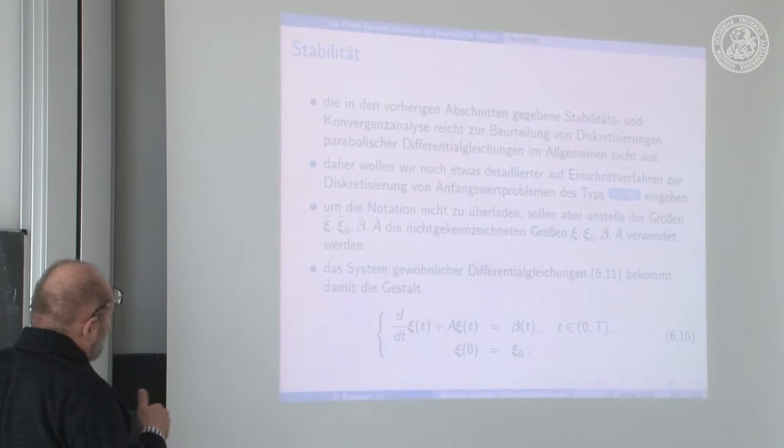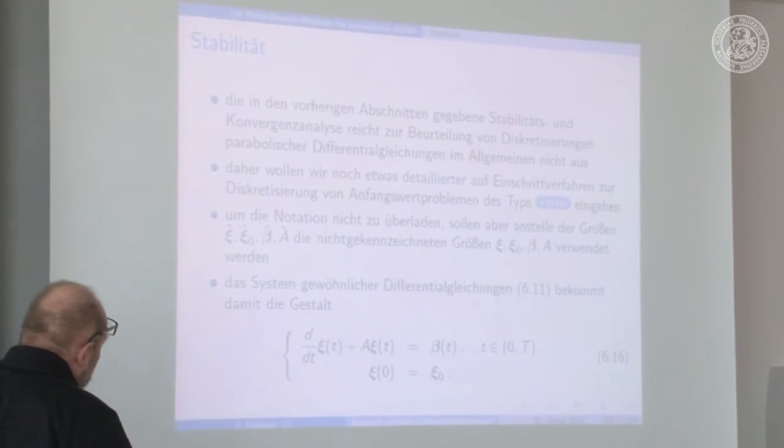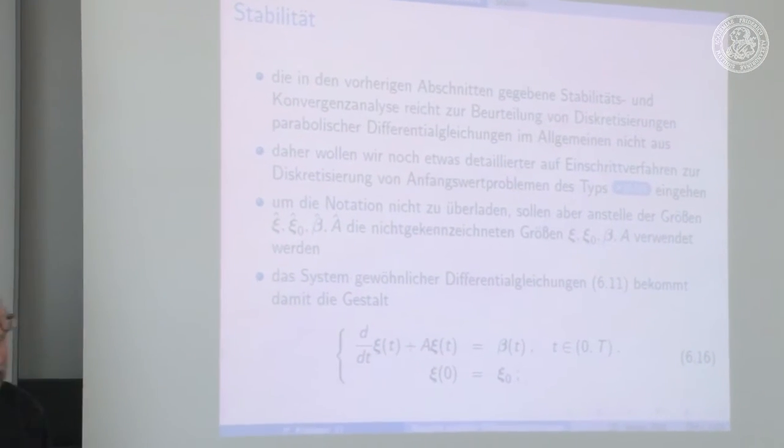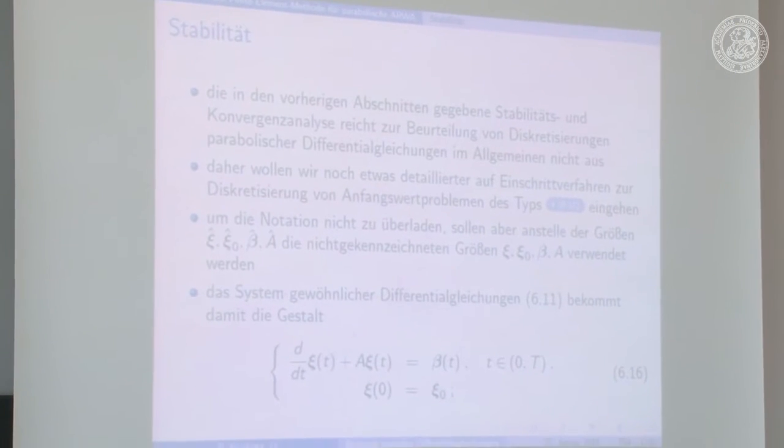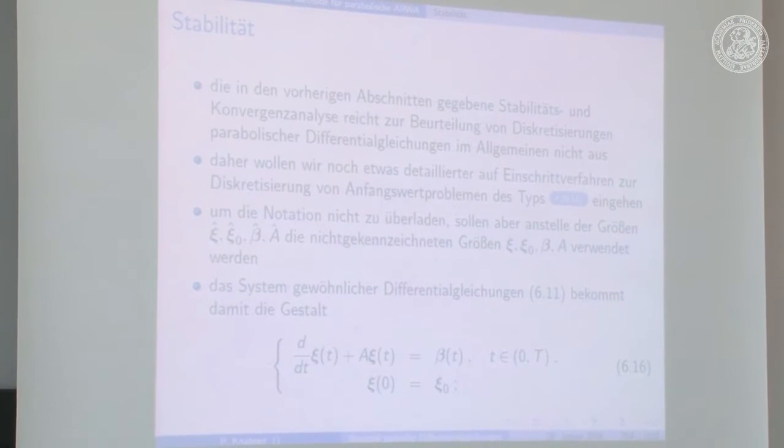So one way to look at this, we started from another direction, but one way to look at this is to say, actually we have to look at a linear system of equations. It is basically written down here. It comes either from the finite element or from the finite difference method.